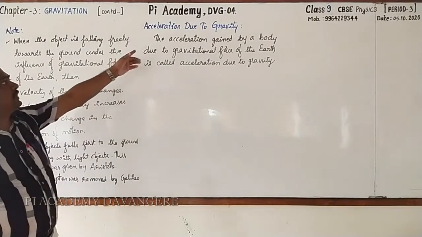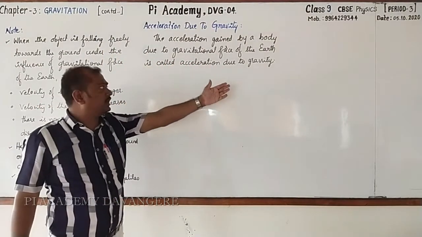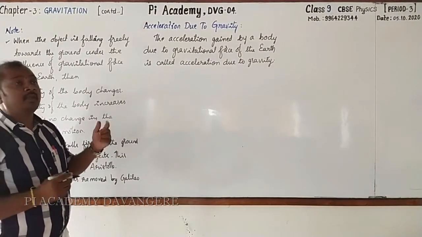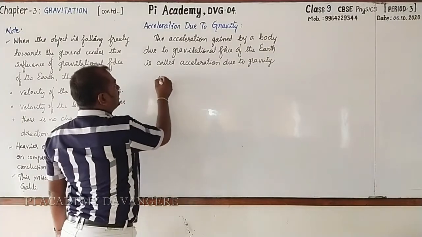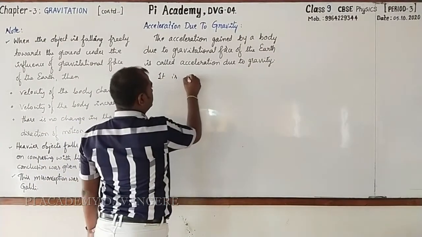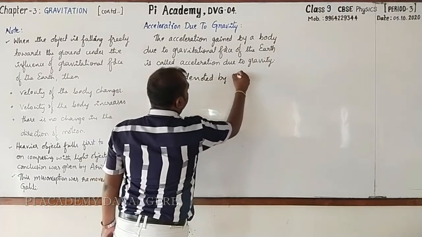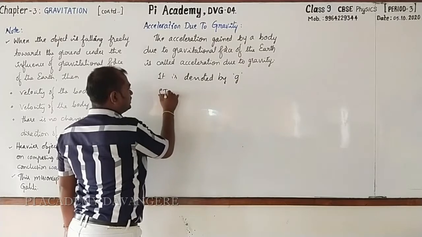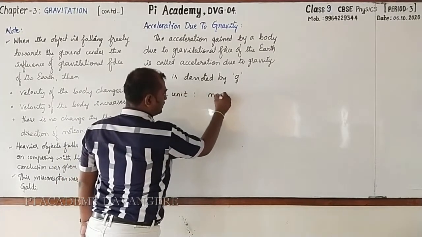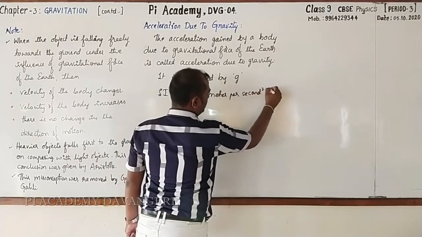Here we have the definition. The acceleration gained by a body due to gravitational force of the earth is called acceleration due to gravity. And acceleration due to gravity is denoted by the symbol small g. Its SI unit, System of International Units, is meter per second square.